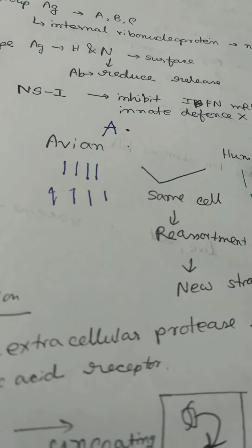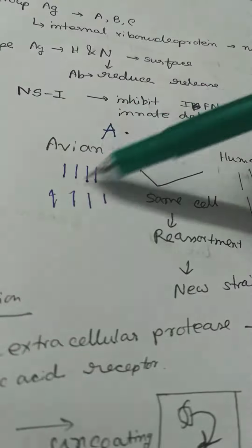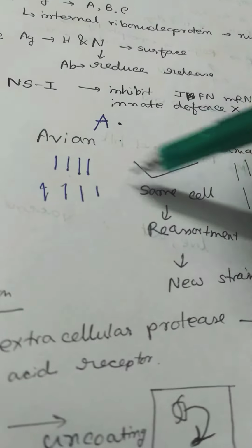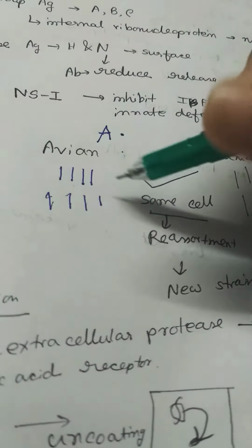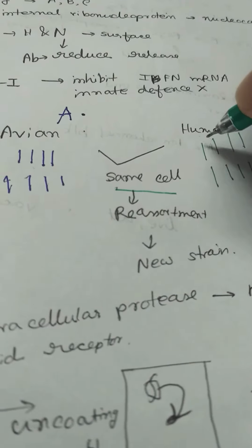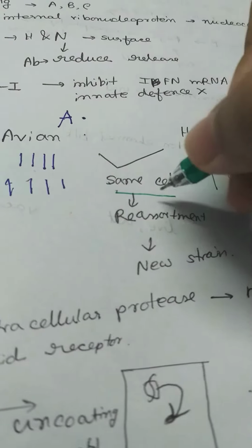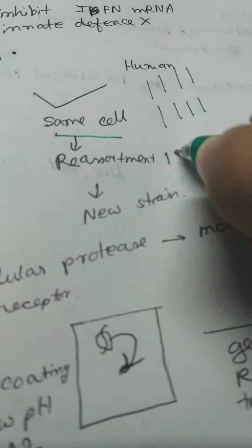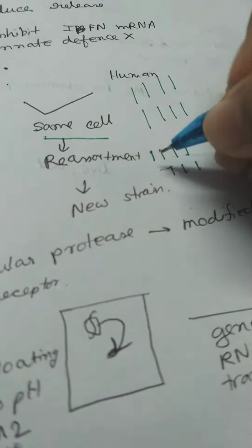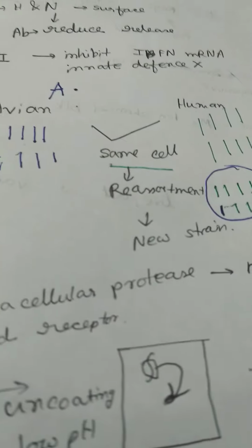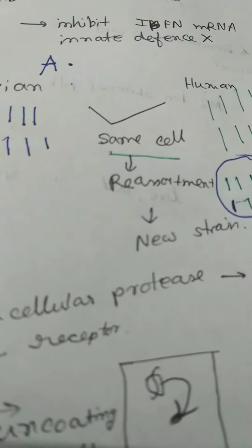So if a farmer who deals with birds and chickens gets infected in his lung cell by avian influenza, and as a human he also gets attacked by human influenza type A, then there will be a reassortment as it has a segmented RNA genome. The reassortment will give 7 segments of human RNA and 1 segment of avian RNA. So it is a new strain. In this way, antigenic shift occurs in case of influenza virus.